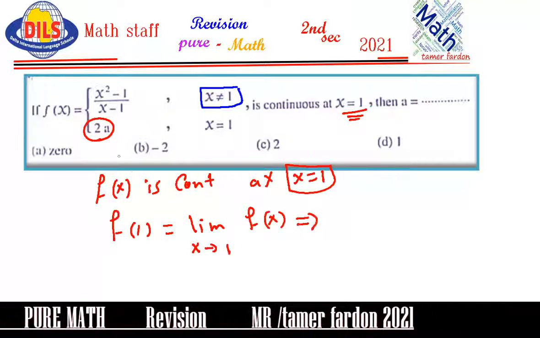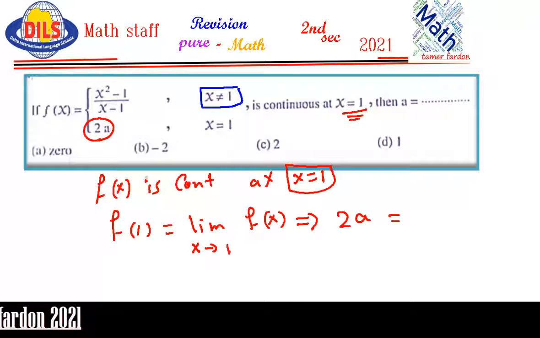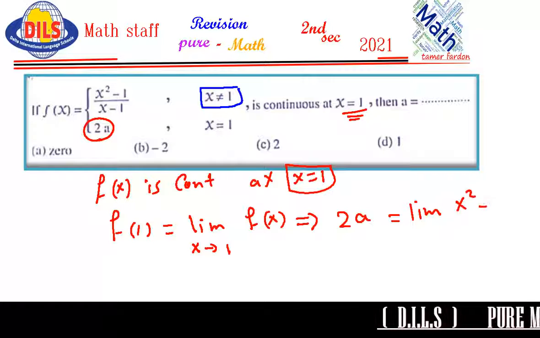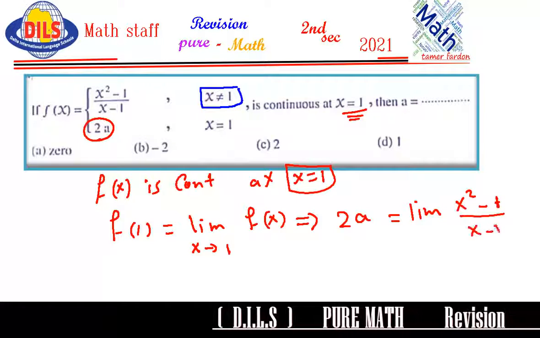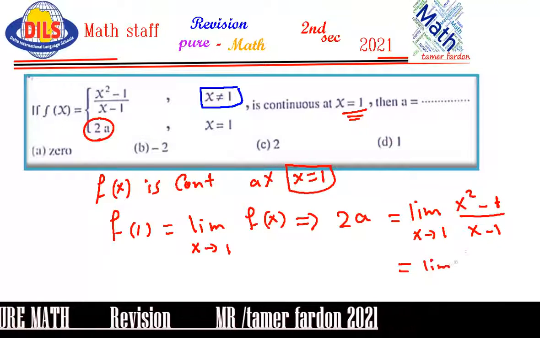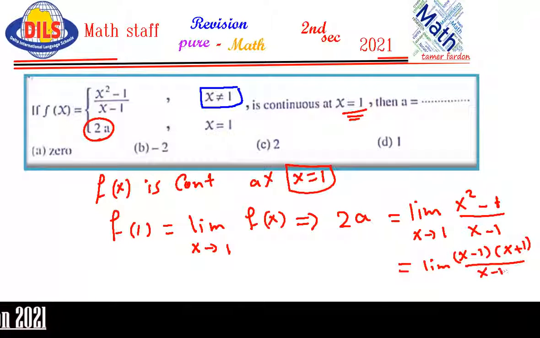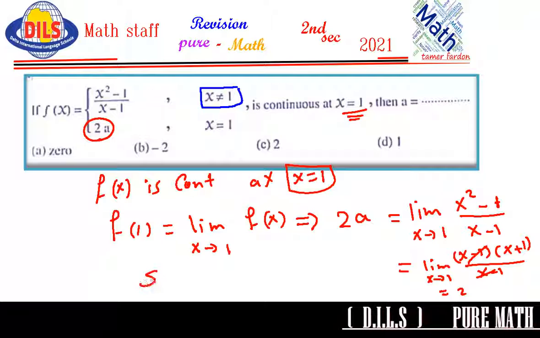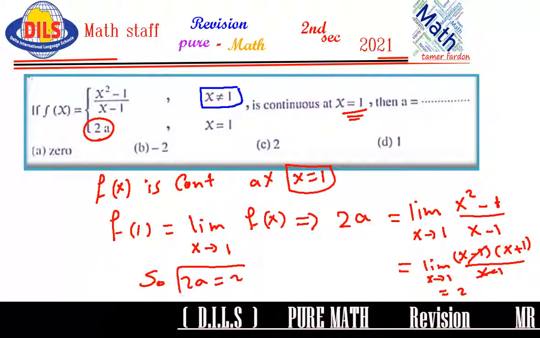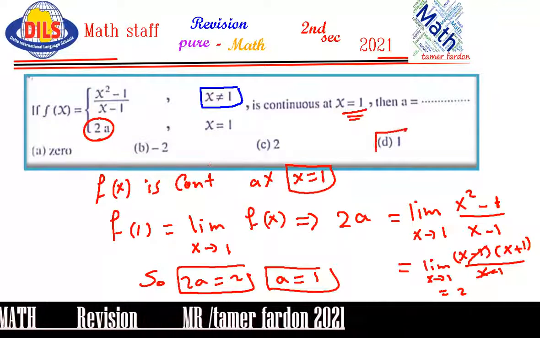So f of 1 equals 2a equals limit x power 2 minus 1 over x minus 1, which equals limit x minus 1 times x plus 1 over x minus 1, which equals 2. So 2a equals 2. From that we get a equals 1. So the correct answer is D.